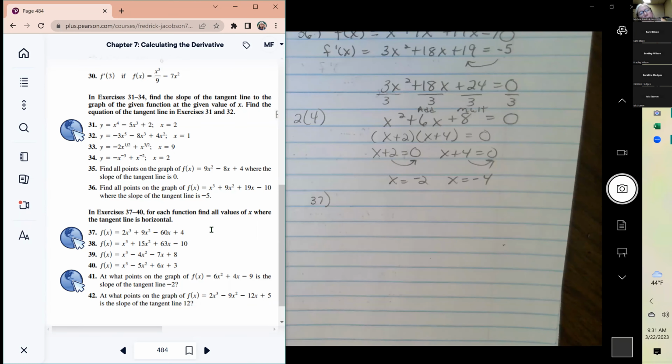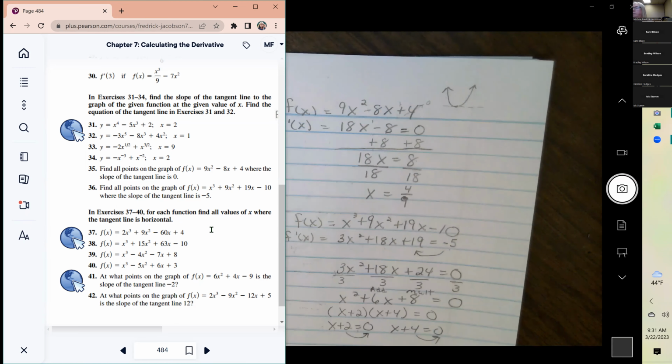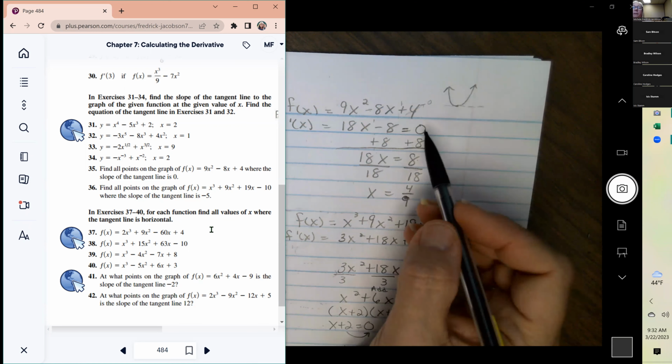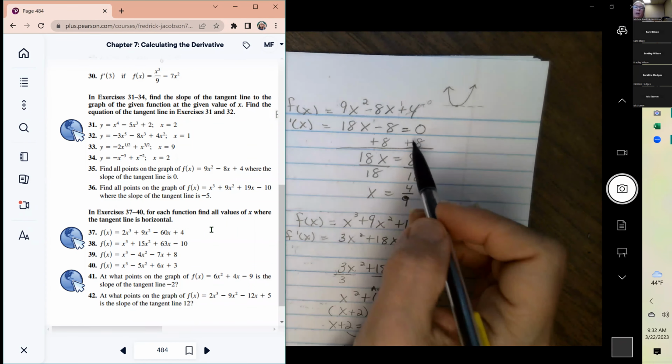37. For each function, find all the values of x where the tangent line is horizontal. Tangent line is horizontal when the slope is 0. So this means the same thing as this problem.